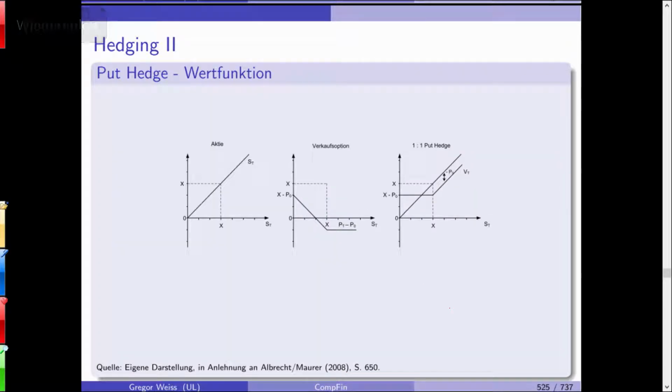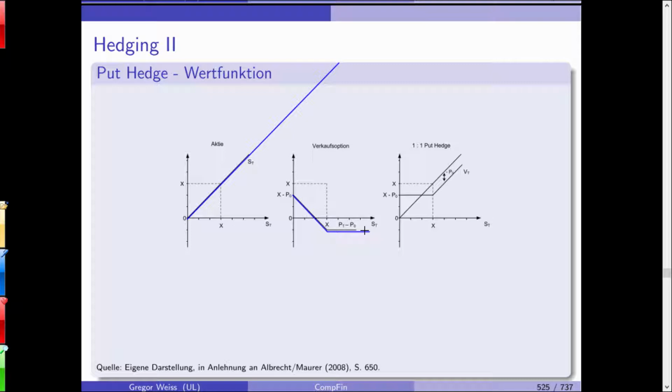If you have a look at this, you can see that this here is the underlying as a function of the underlying price. Quite clearly, if the stock increases by €1, your position increases by €1. This is the profit and loss for the option. You have to pay a premium, and then it looks like this.